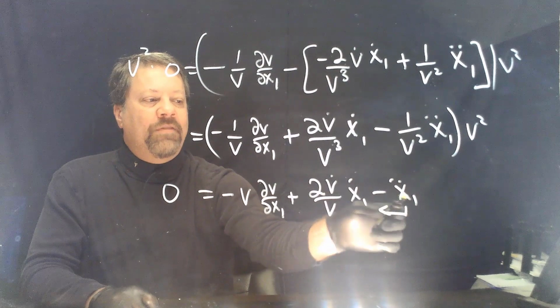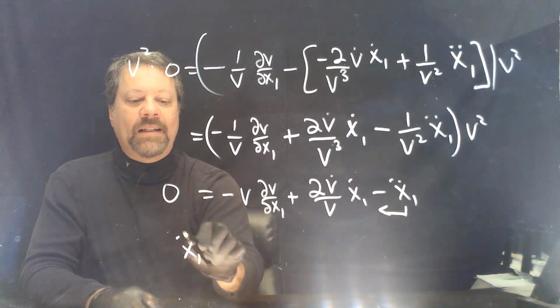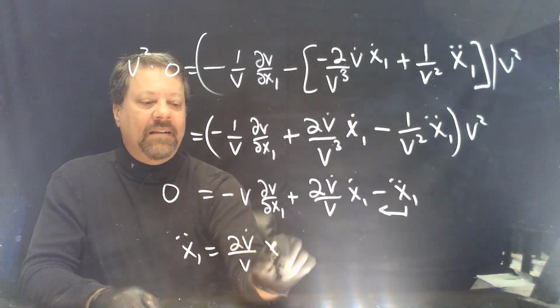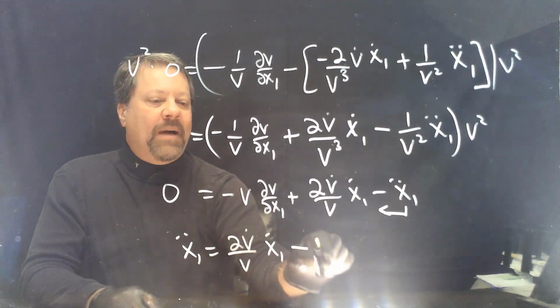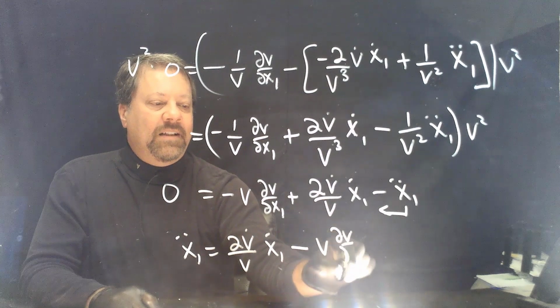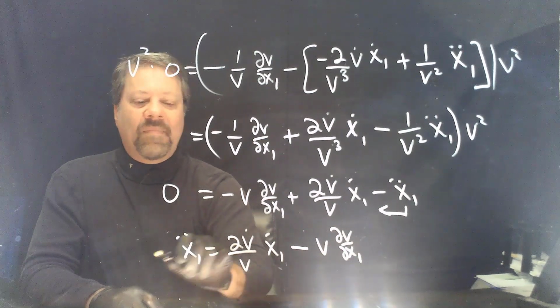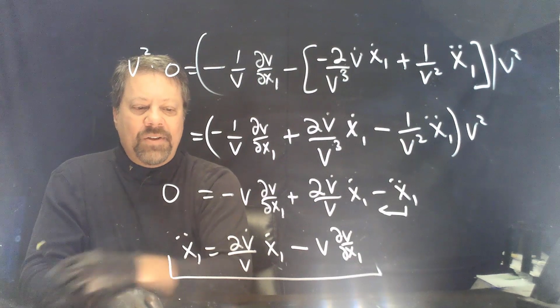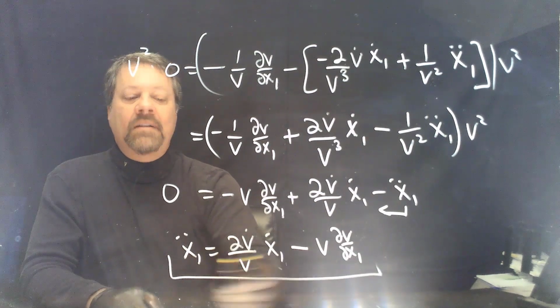I'll move this one to the other side. x1 dot dot is 2v dot over v x1 dot minus v dv dx1. That's one of the three equations. The other two will involve x2 and x3.